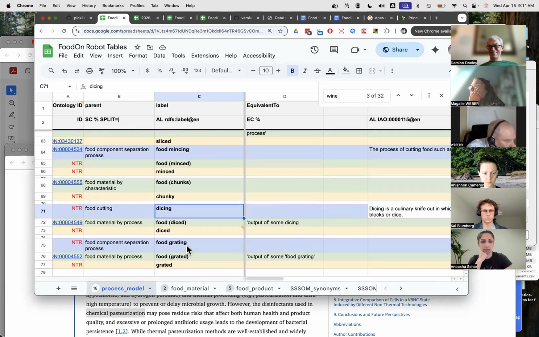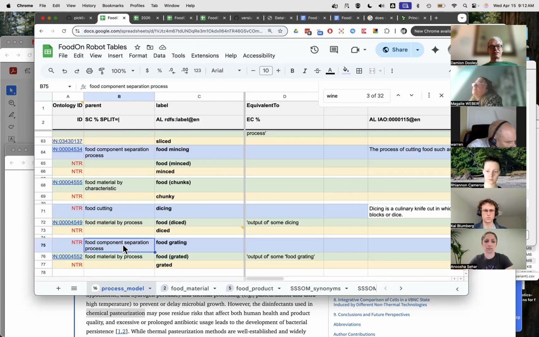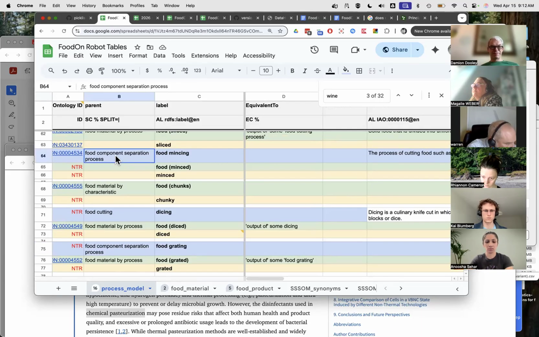Braiding is kind of a cutting. You could replicate the same thing with a very small knife. So there's discussion to be had about whether the parent class should be this food component separation, for example, right away or not.